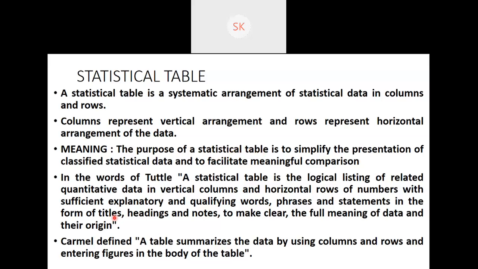Now we have another definition for this. They can also ask this for 2 marks: define statistical table.